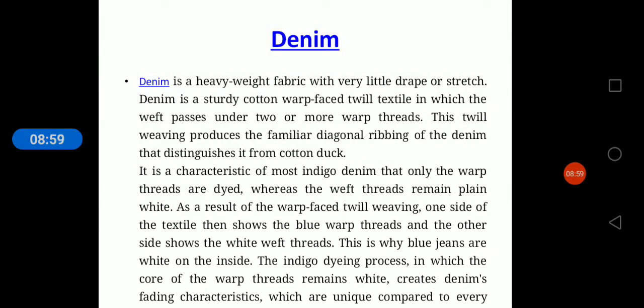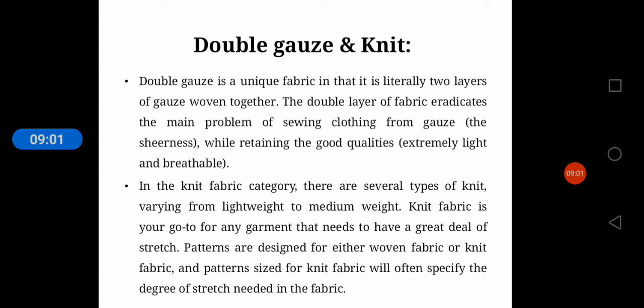fabrics. And next, double gauge and knit fabrics. Double gauge is a unique fabric in that it is literally two layers of gauze woven together. The double layer of fabric eradicates the main problem of sewing clothing from gauze while retaining the good qualities: breathable and extremely light.